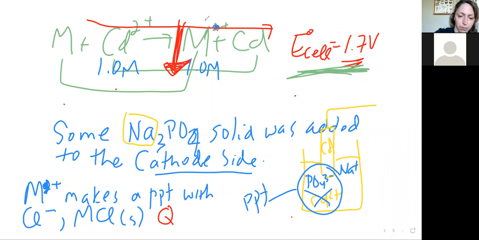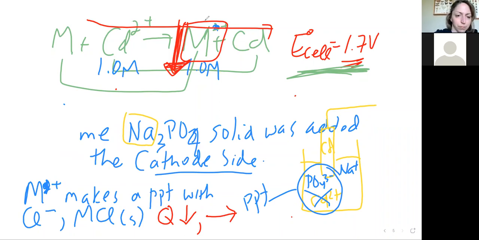Because you have less of that product. And when Q lowers, how do you get Q back to where it was? You shift forward. So that's another way of saying E cell would increase.